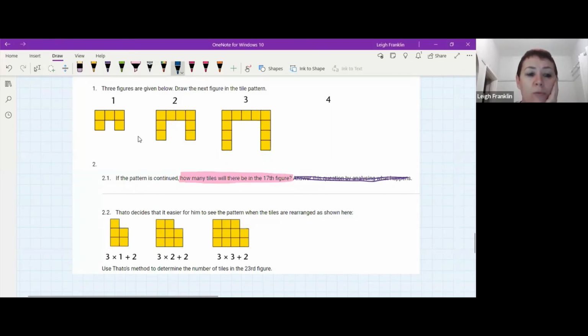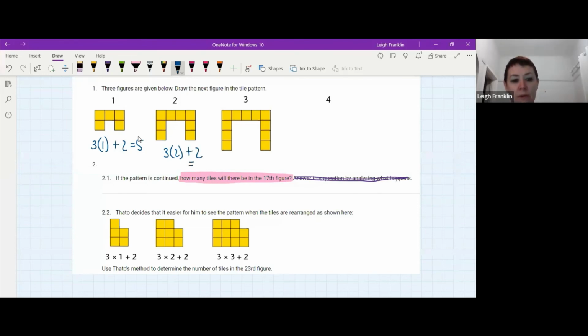Okay, so in other words, you're taking 3 as your multiplier, timesing it by 1, then adding 2 in order to get 5. And did that work for pattern 2 and pattern 3? Yes, ma'am. It did. Okay, so here you said 3 times 2 plus 2, and that's how you ended up with 8.